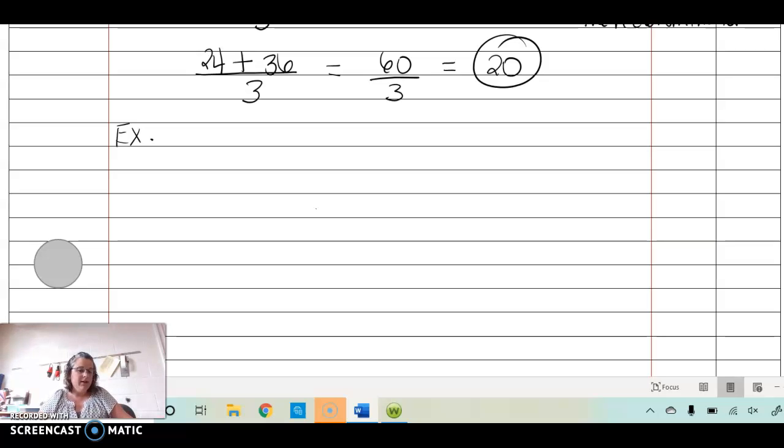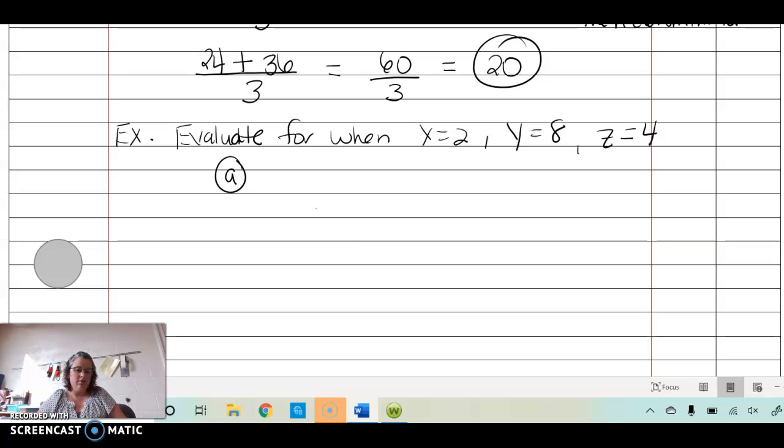So for now, what I'd like us to do is give you a chance to do some of these by yourself. I'm going to have you evaluate for when x equals 2, y equals 8, and z equals 4. So I'm going to have you do z to the third power plus y squared minus 4x all squared.